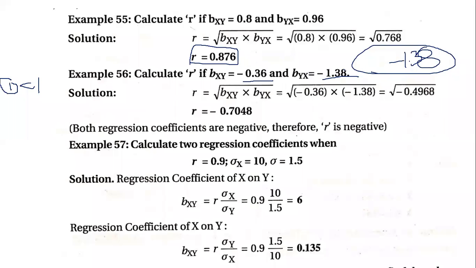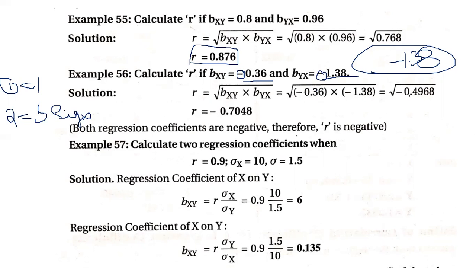So we can consider. Then second point, are they of same sign? So if you see here, here also there is minus, here also there is minus. Now coming to this part, square root of bxy into byx, minus 0.36 into minus 1.38.